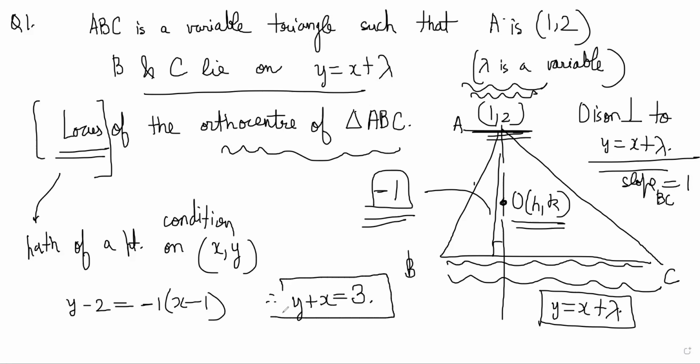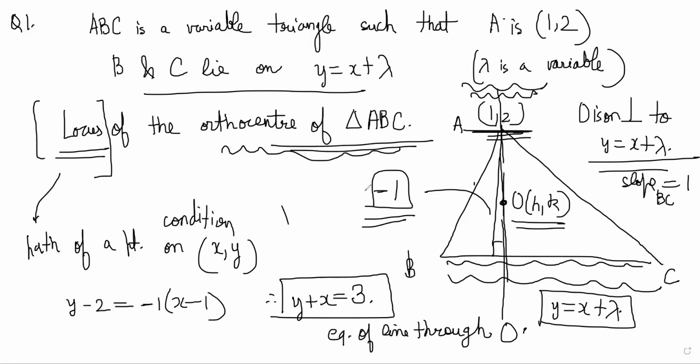This is my equation of line through O. So we can say that locus of orthocenter of the triangle is this line, because orthocenter always lies on this line. Are you understanding how we got everything? Okay.